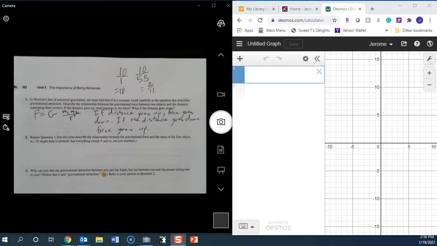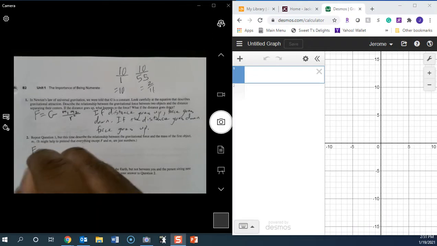So now, we look at number 2. It says, repeat question 1, but this time describe the relationship between the gravitational force and the mass of the first object, M1. It might help to pretend that everything except F and M1 are just numbers. So we're still using the same formula.